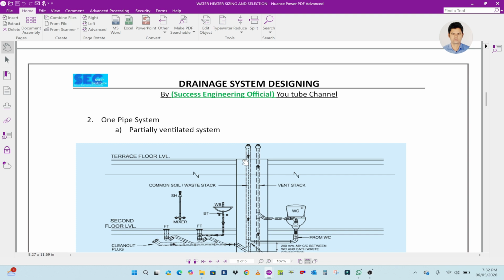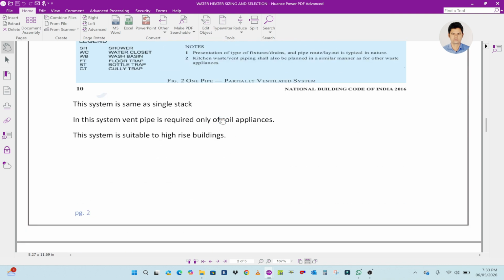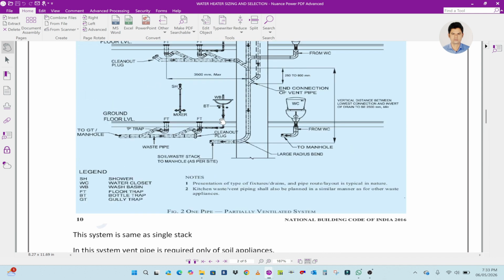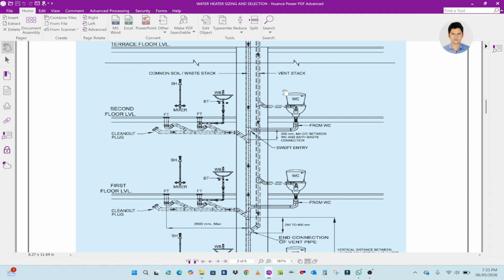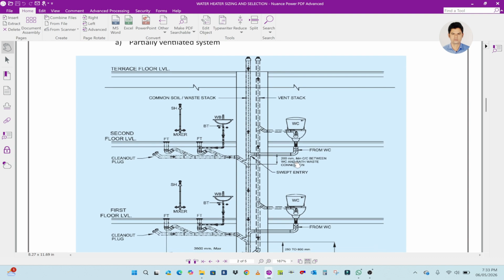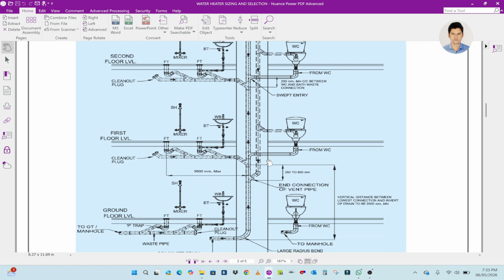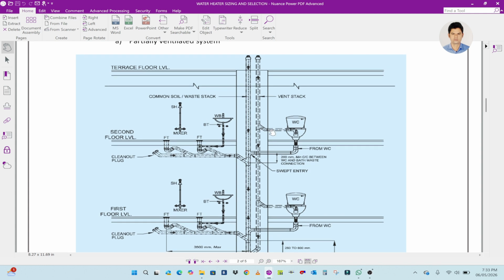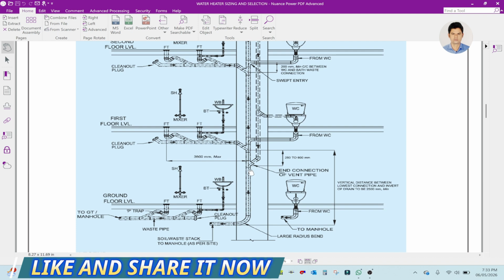Second one is one pipe system, in which there are two systems. First one is partially ventilated system and second one is fully ventilated system. In the partially ventilated system, you can see the waste appliances are connected to one stack, and soil appliances are connected with the same stack also, and there is one common vent pipe connected partially through this stack.